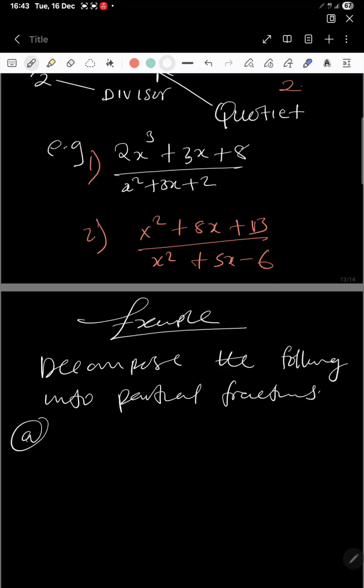We are going to have the first one, and we are going to do the same. I'll just do this one here, and then this other one you do as your task.